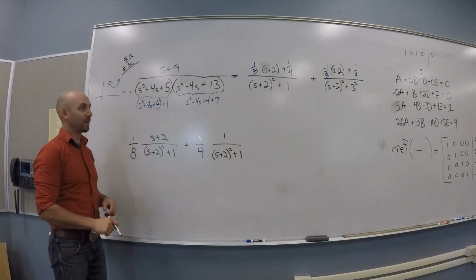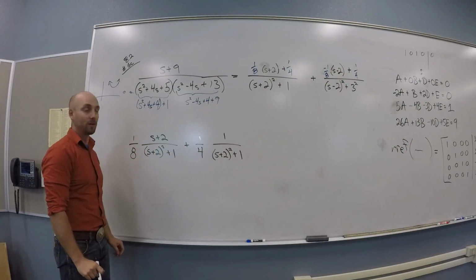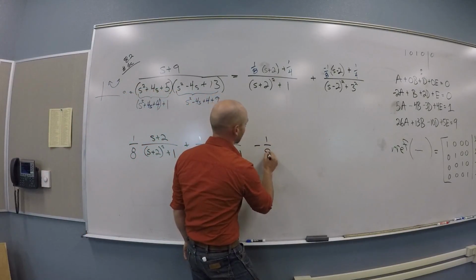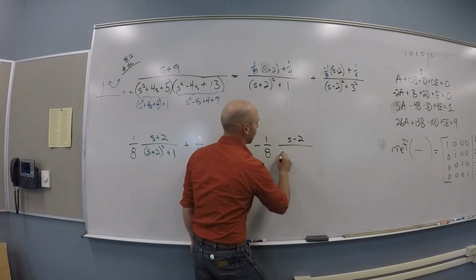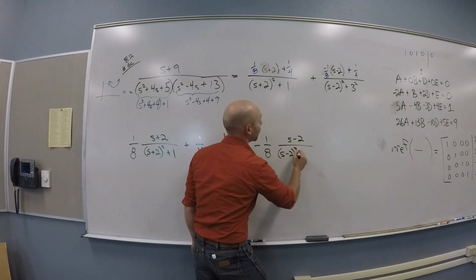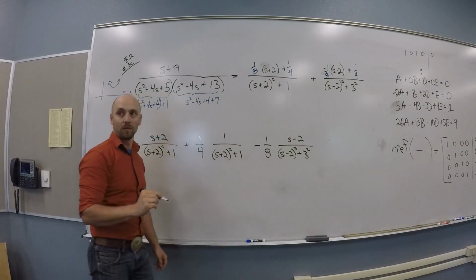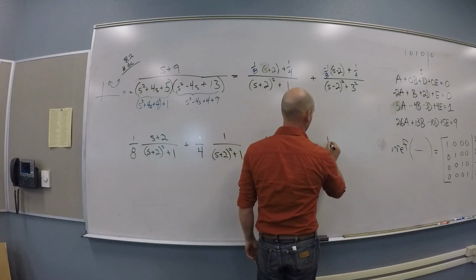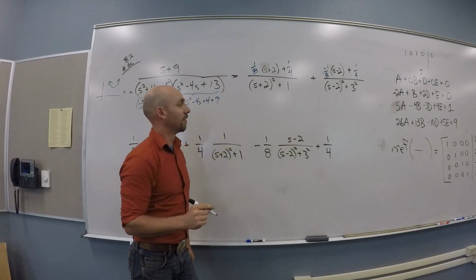Okay, see that? First thing, split into two pieces, pull the constants down in the front. Second thing, split into two pieces. So you got your minus an eighth, your s minus 2 over s minus 2 quantity squared plus 3 squared. And then you got your plus a quarter, 1 over that.